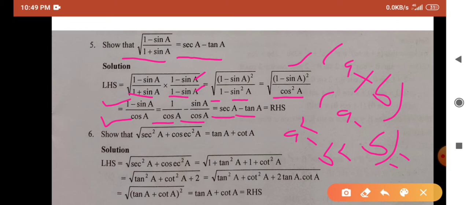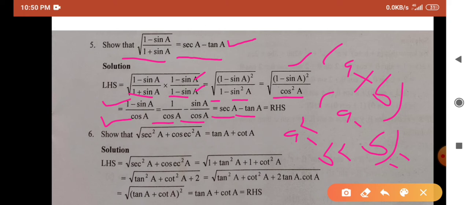Therefore LHS equals what? RHS. Got it? Here the formula is a plus b, a minus b equals a square minus b square, one formula, and 1 minus sin square a can be written as cos square a. These two formulas we have used here. If you want, we can write them down.